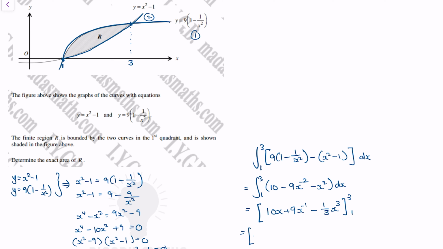So the first thing I need to do is substitute 3 in, and then I need to subtract from when I substitute 1 in. When I substitute 3 in, I get 24. When I substitute 1 in, I get 18 and 2/3, which means my final answer is 5 and a third.